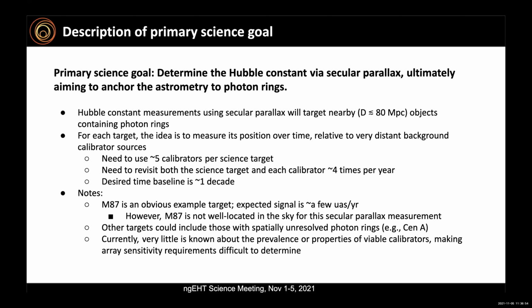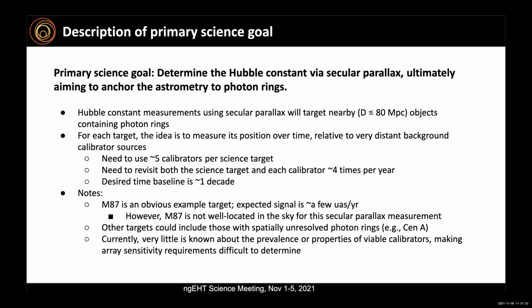It turns out that our secular parallax signal can be pretty large. It's reasonable that within 80 megaparsecs or so, we might get parallaxes on the order of 10 microarcseconds per year. For this particular science of trying to tease out the Hubble constant, we thought we might need several targets to look at.